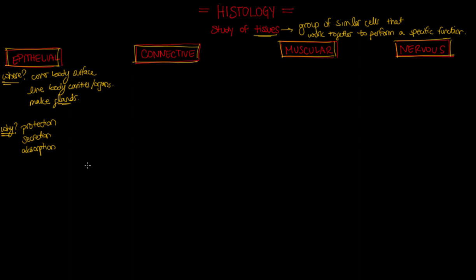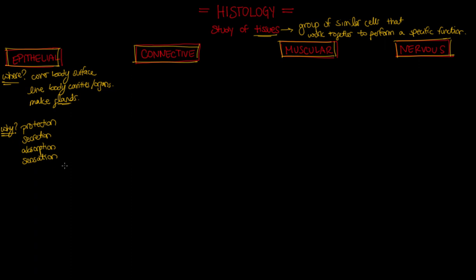And so we have epithelial tissue lining your digestive organs, such as your intestines, specializing in absorbing nutrients for your body. And then we also have sensation as an important function because epithelial tissue has specialized structures that are going to detect stimuli and send sensation throughout the body to be interpreted and responded to.